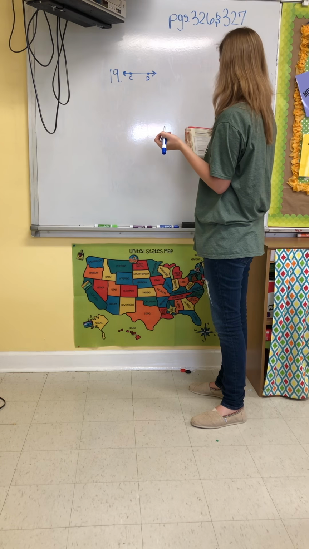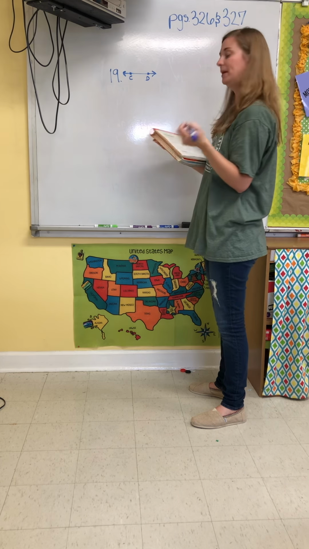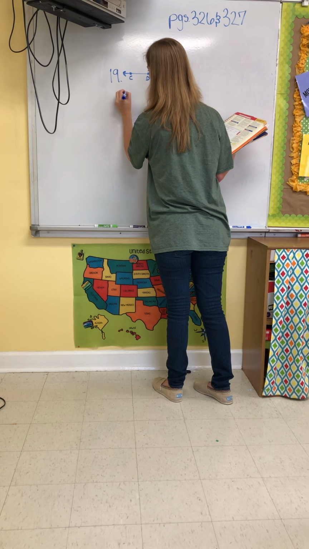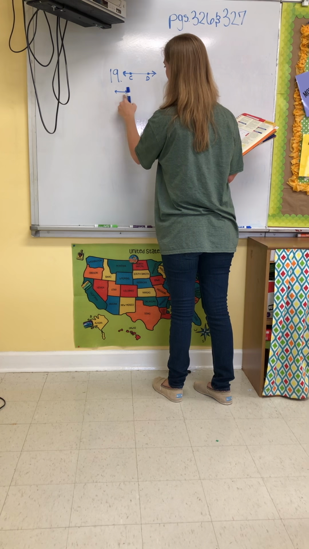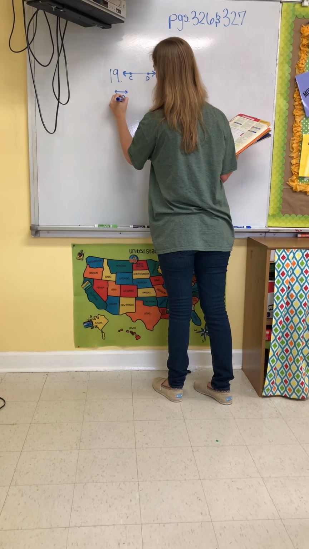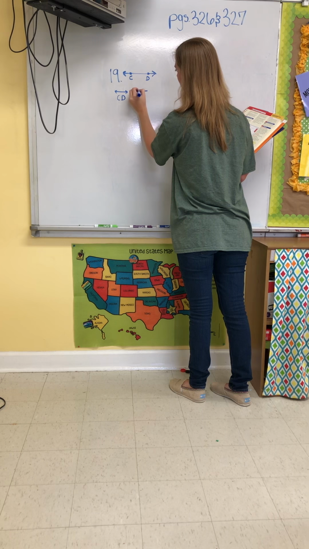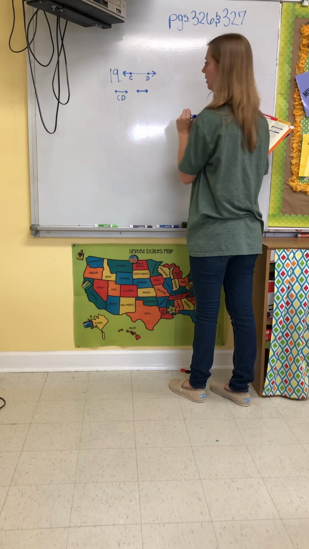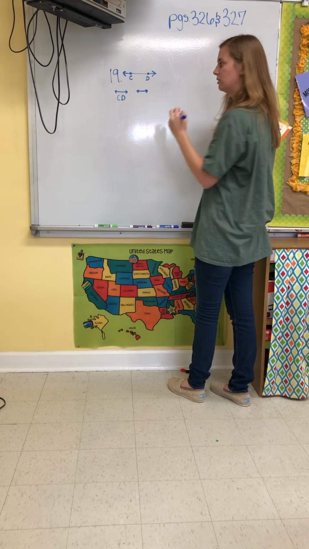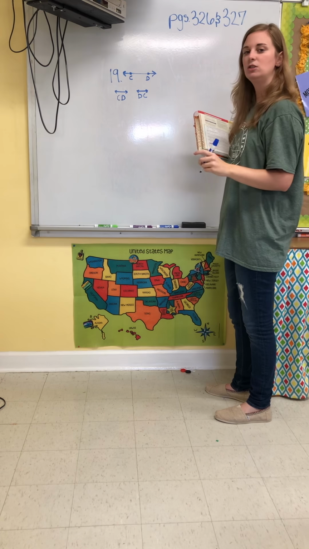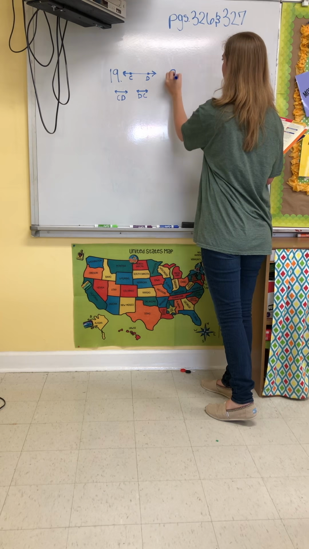So how I would write this if I was going to name it two different ways is I would draw my symbol for it. So the symbol for a line is the little line arrows at the top with CD. So that's one way. And the other way you would write that, same thing, with a little symbol at the top, and then you would just switch the letters around. And it would just be DC. So that's the two ways that you would write those.